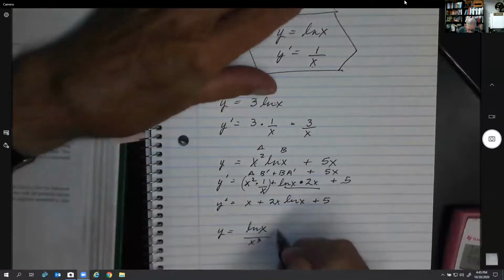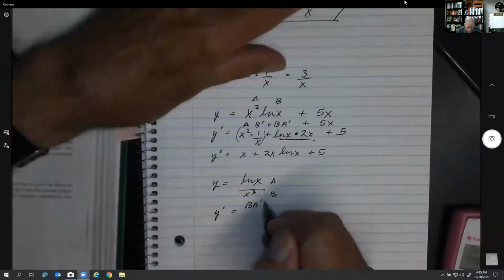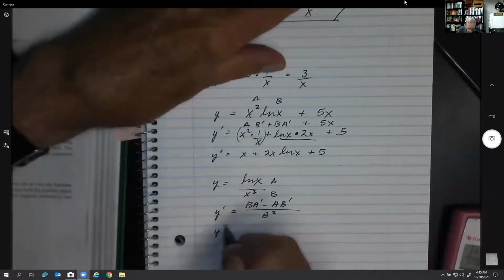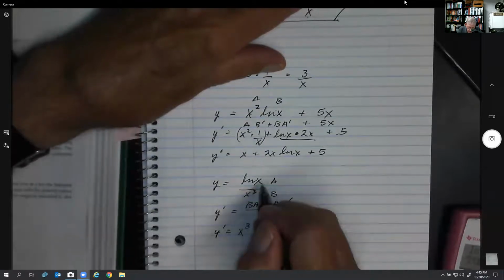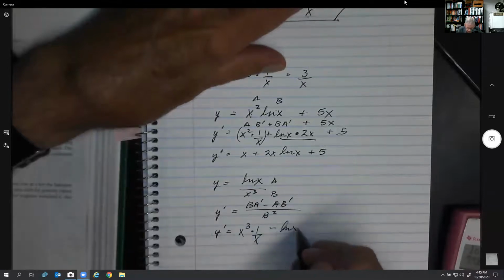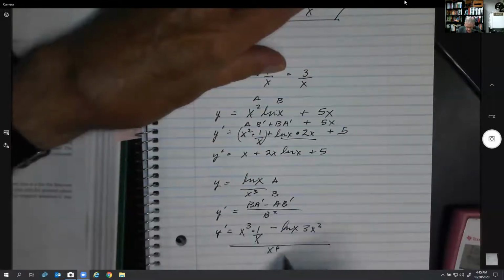Okay, looks like a quotient rule: B A prime minus A B prime over B squared. y prime equals B, x cubed, times the derivative of A, which is 1 over x, minus A, which is the natural log of x, times the derivative of B, which is 3x squared, all over B squared, x to the 6.